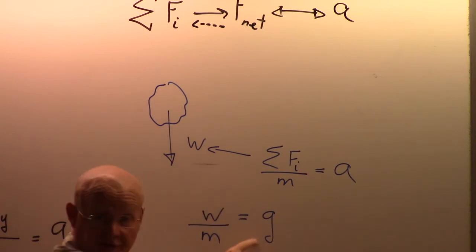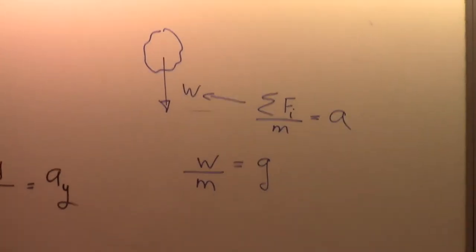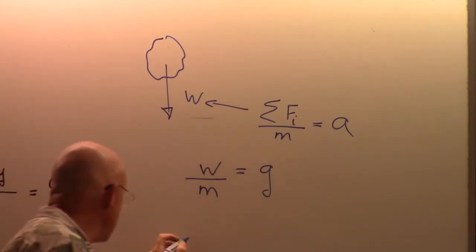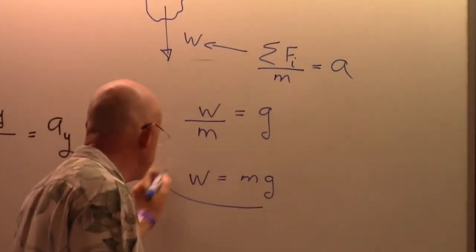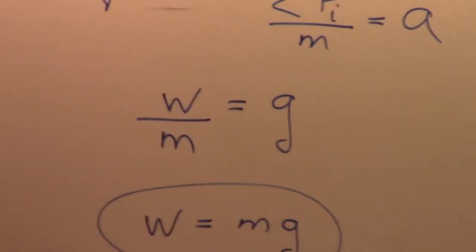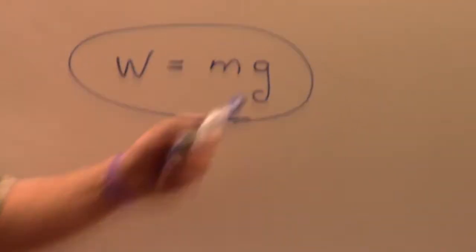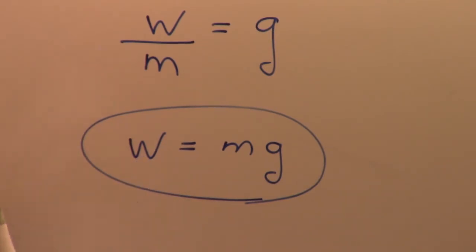And in this case, if it's free falling, its acceleration is the g, the 9.8. And so this little equation is going to be very powerful for us. How do I calculate the weight of something? Well, take 9.8 and multiply by the mass, and that'll give you your weight.